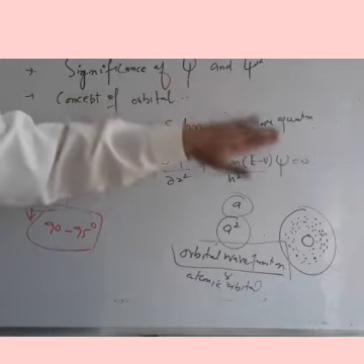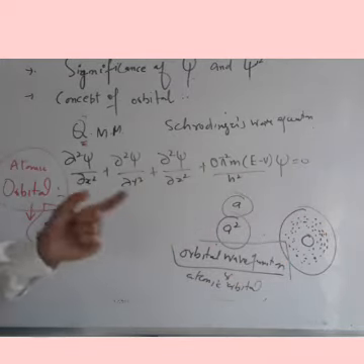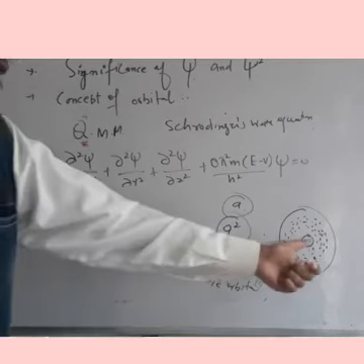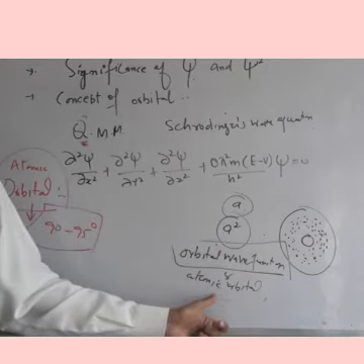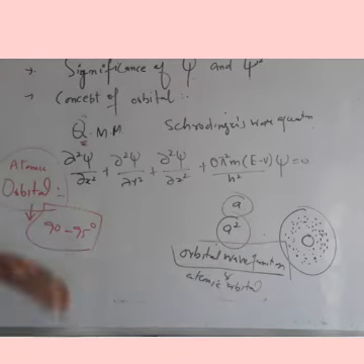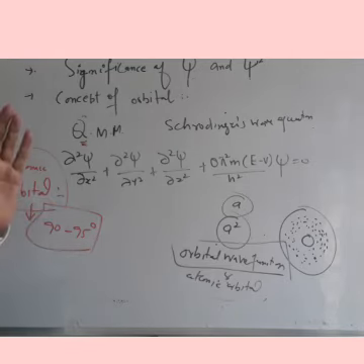The region around the nucleus which measures the electron density at different points is known as orbital, or orbital wave function, or simply atomic orbital. How can we define atomic orbital? Atomic orbital is a 3D space around the nucleus where the probability of finding the electron is maximum. Maximum means 90 to 95%.